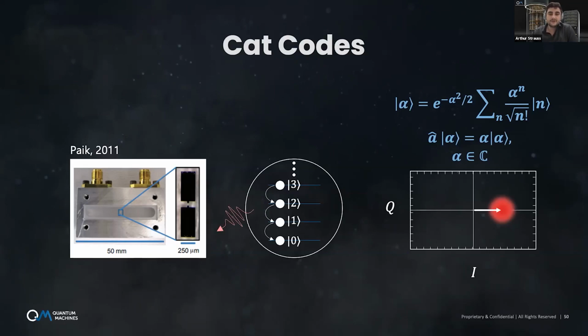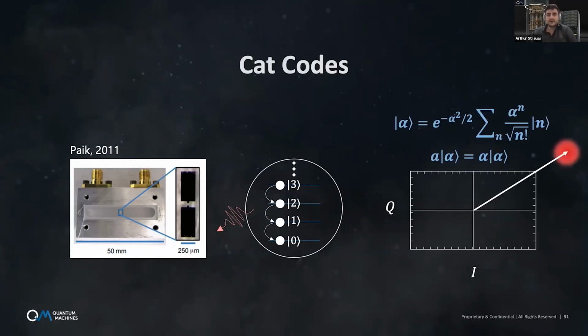And the nice property about those coherent states is that, on top of being eigenstates of the annihilation operator, they are also states which are minimizing the Heisenberg uncertainty principle. So actually, the blob, as you can see, is circular.